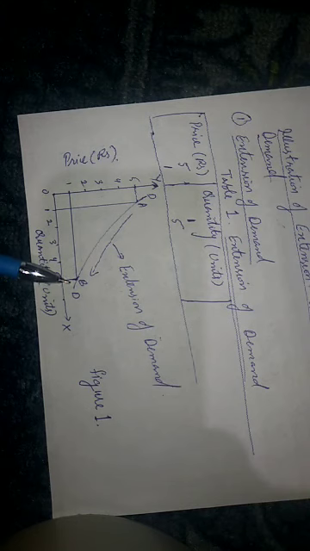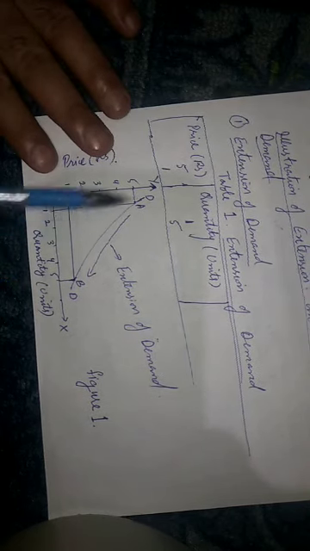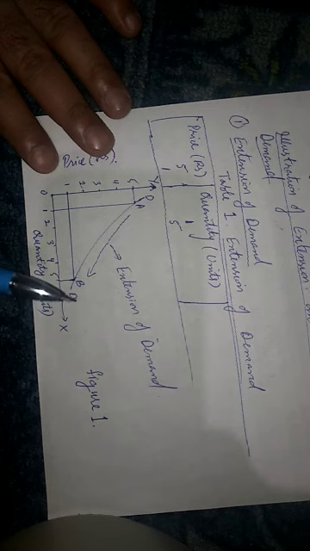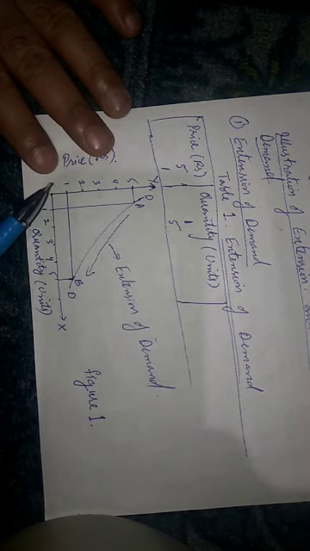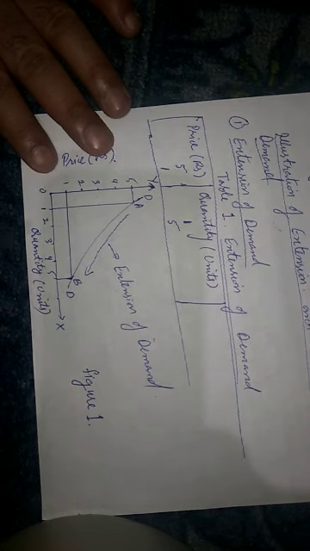So we can say that there is an extension from point A to point B on the demand curve DD. So extension of demand refers to increase in quantity demanded of a commodity due to fall in its price.